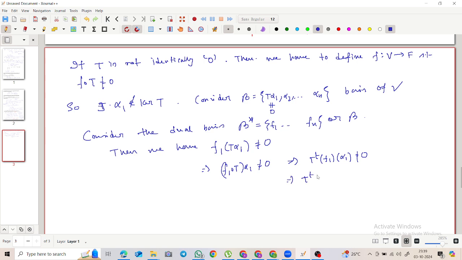So T transpose f1 is not 0. This implies T transpose is not identically 0, which is a contradiction. I like this trick actually. See how we have used the fact that T alpha 1 is not equal to 0.